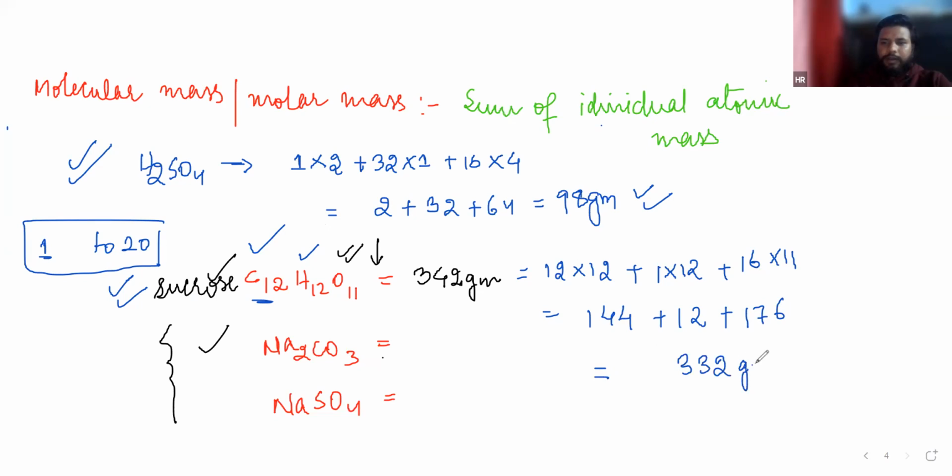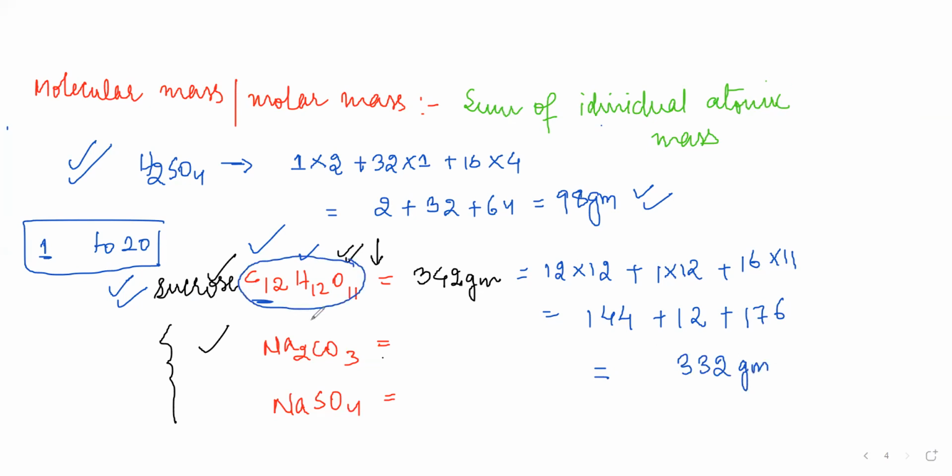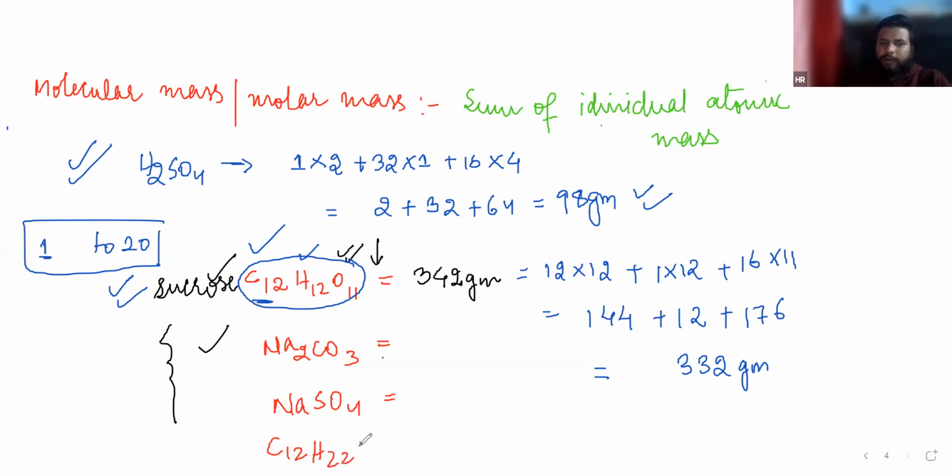You are correct according to this formula, and Akash, you are wrong. Actually, I had to write C12H22O11, which has a molar mass of 342 gram. I just wrote the wrong formula, but according to this formula you will have 332 gram.